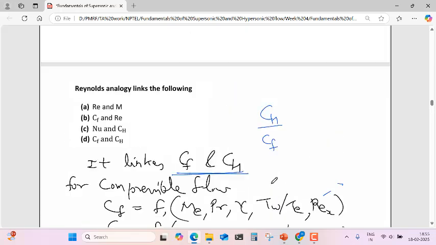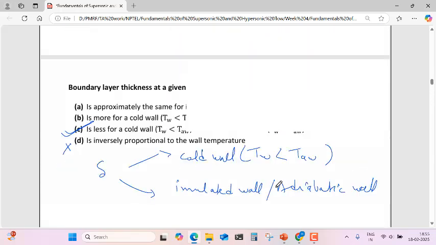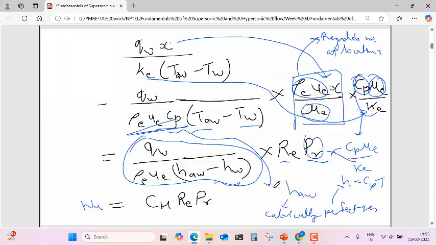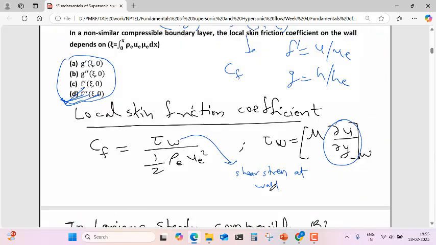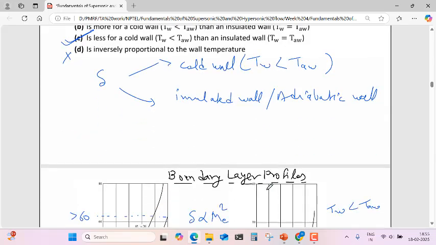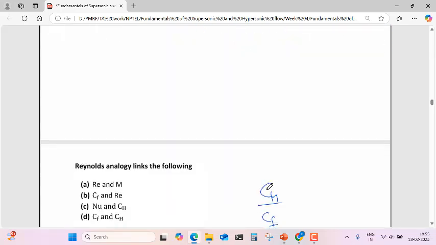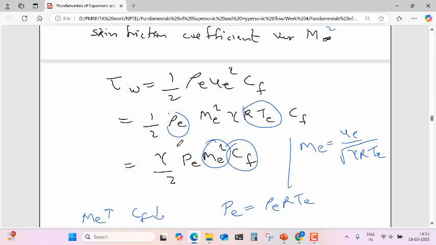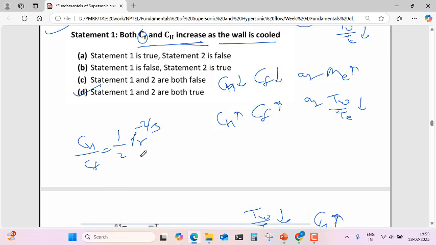This is the analogy. This value is constant.